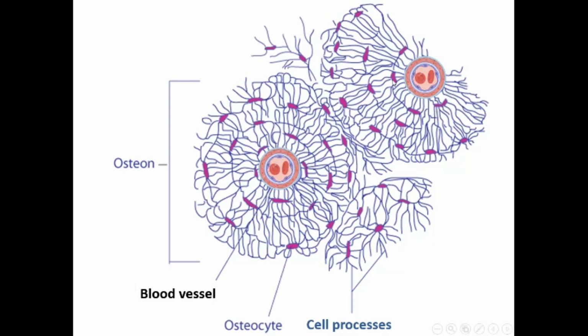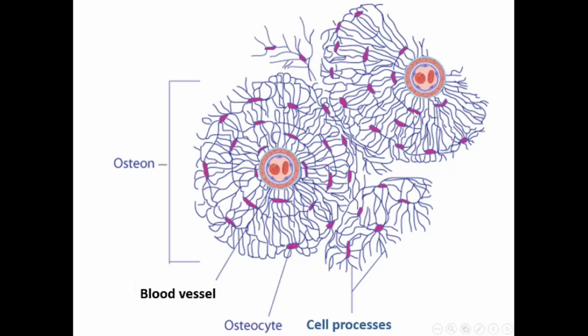Some cells are close to the blood vessels, and they take the nutrients from the blood vessels and transfer these nutrients to the other cells, again by this cell process.